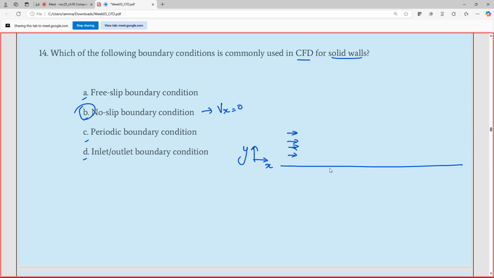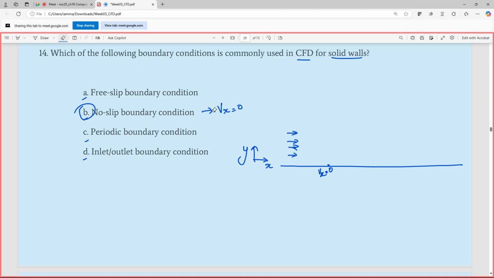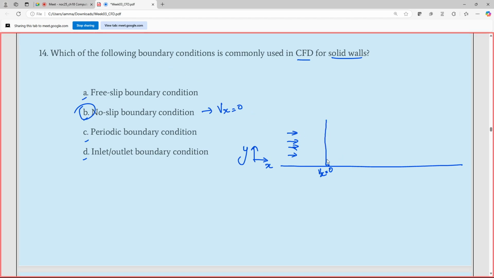Vx is equal to 0 at the wall, so the velocity profile will be 0 at the wall and steadily increase until it reaches the boundary layer or maximum velocity. Such a boundary condition is called the no slip boundary condition.